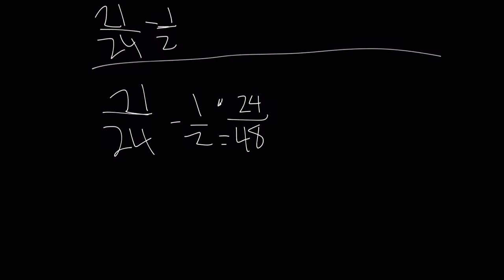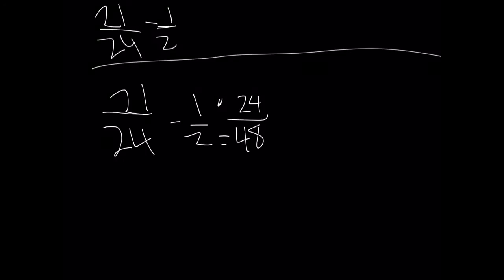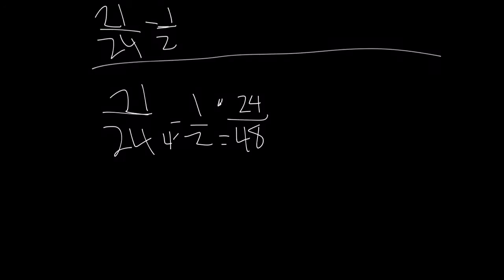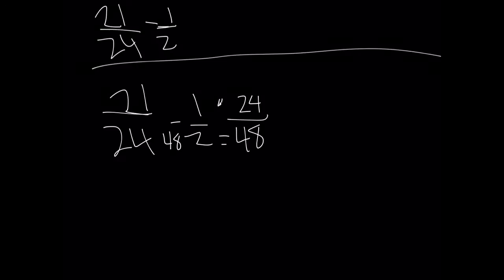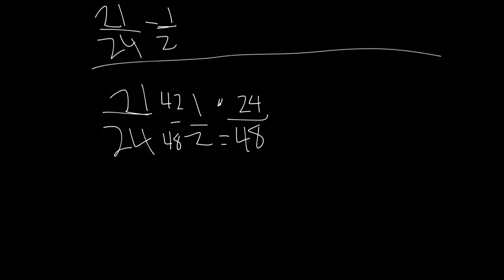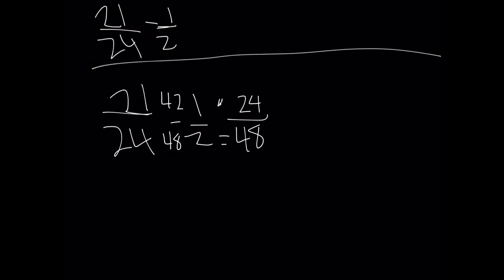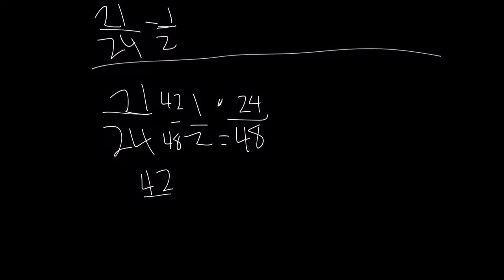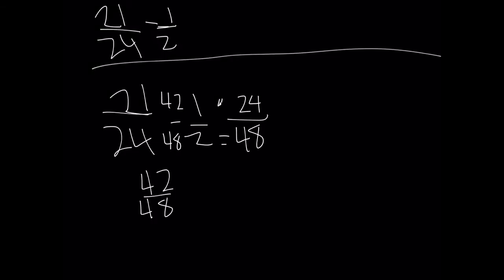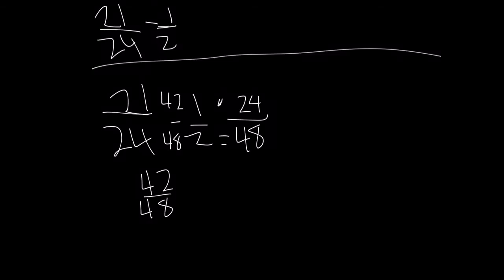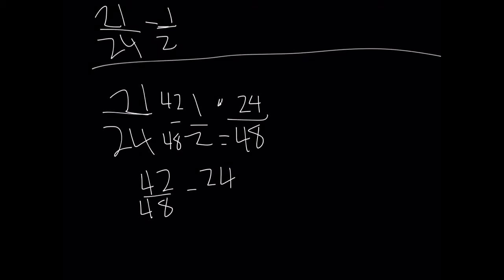Alright, now I've got to do 24 times 2 equals 48. 21 times 2 equals 42. So now what I'm going to do is 42 over 48 minus 24 over 48. 48.